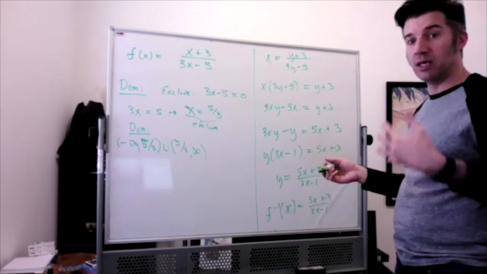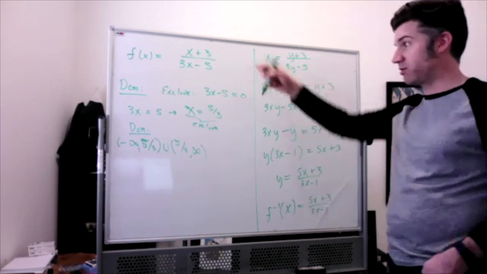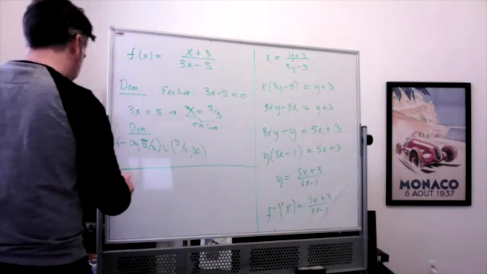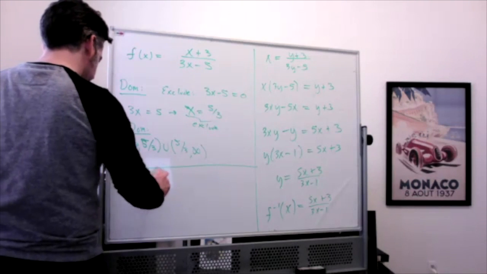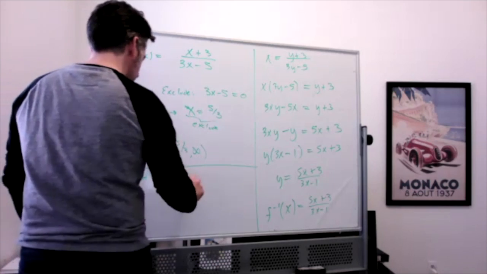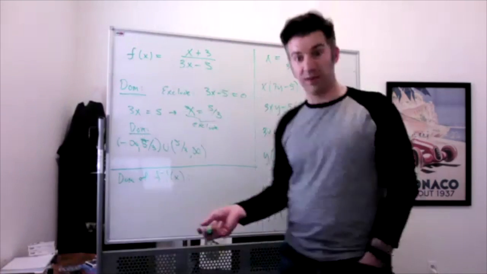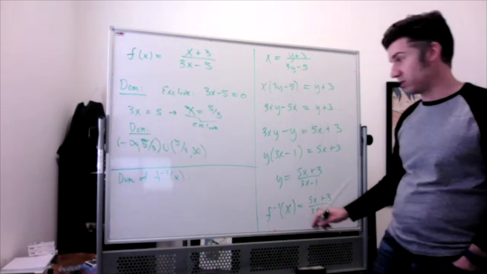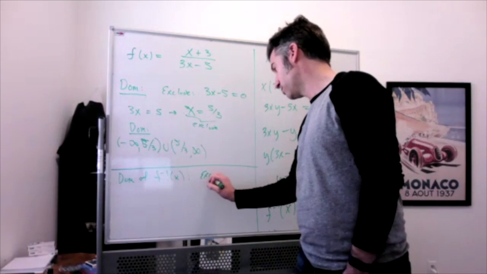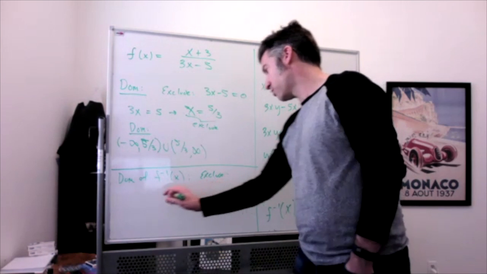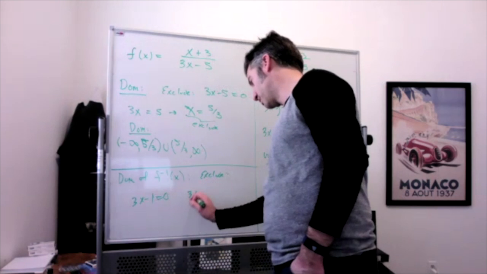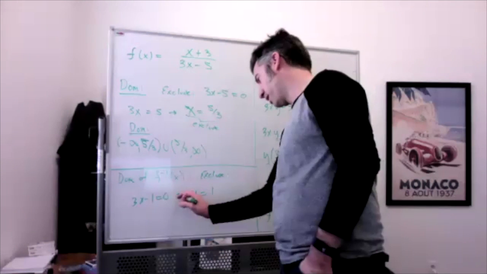We can use the domain of this to find the range of that. So the domain of f inverse, well, we want to, again, exclude where the denominator is 0, which in this case is where 3x minus 1 equals 0, or 3x equal to 1, or x equal to 1/3.